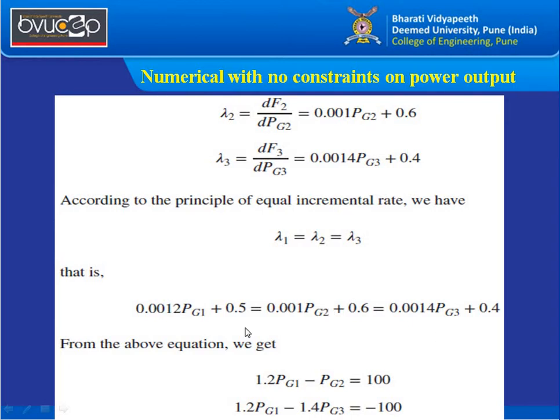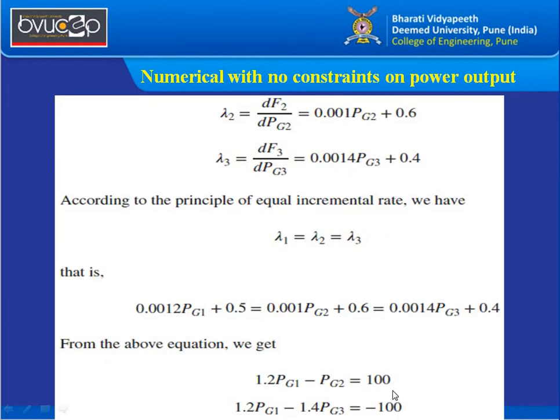So we can have any combination. We have taken the first and second parts to get the first equation, and the first and third to get the second equation. When we equate the first and second parts, we get 1.2 pg1 minus pg2 equals 100, and when we equate the first part and the third part, we get 1.2 pg1 minus 1.4 pg3 equals minus 100.